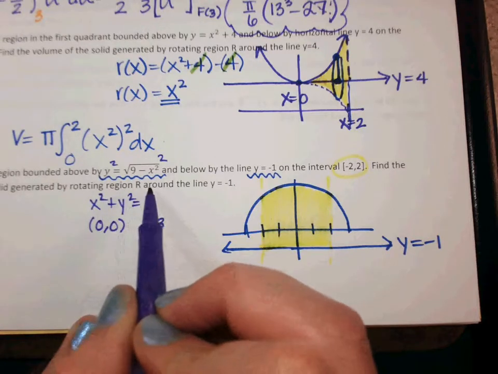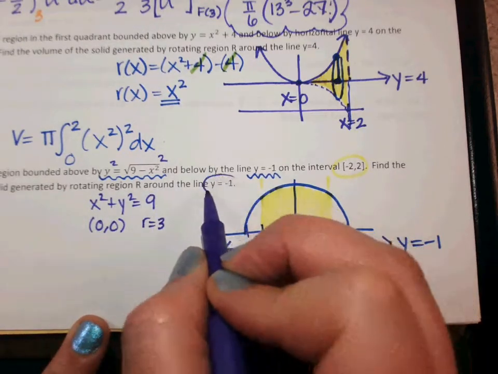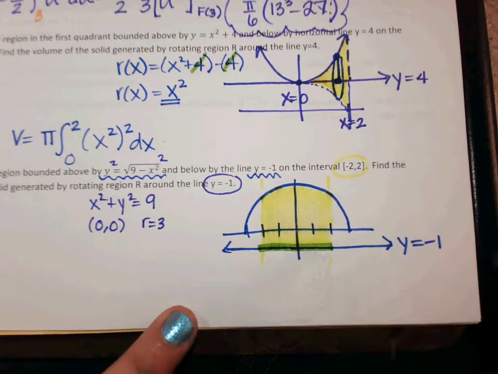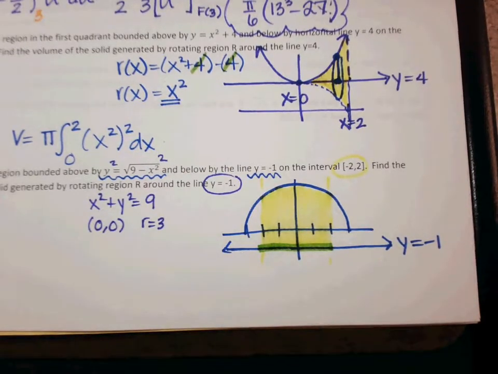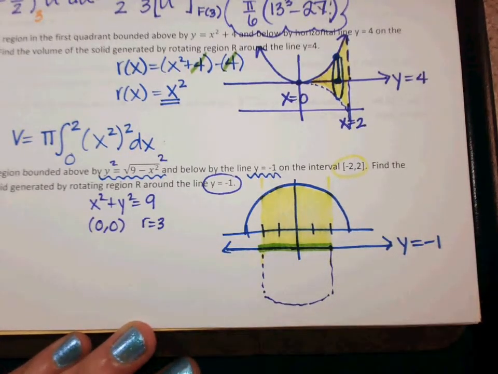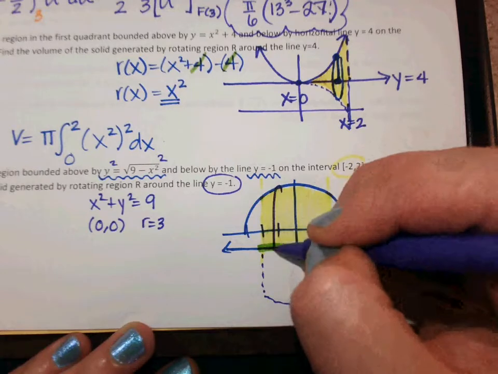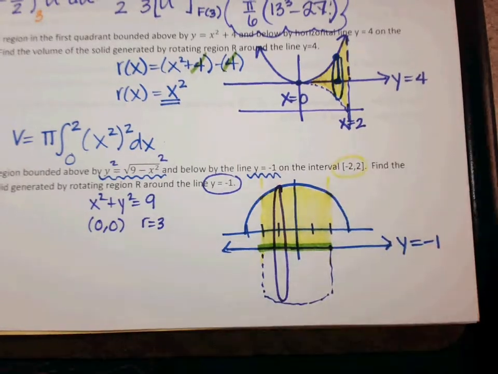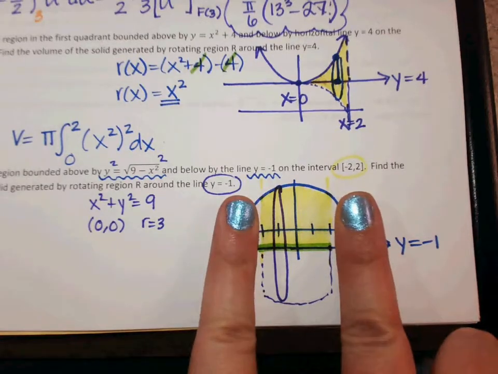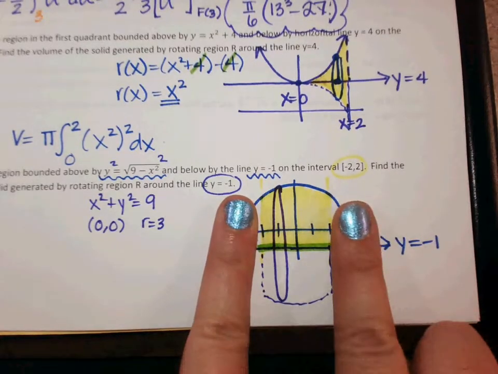Rotating region R around the line y equals -1. This is -1. So if I rotate around that, the other half of my circle is going to be down here. And then remember, any place that I cut it, it's kind of three-dimensional, but you'd almost have like a bead where the sides are cut off, but it'd be kind of round, or like a donut maybe, right?